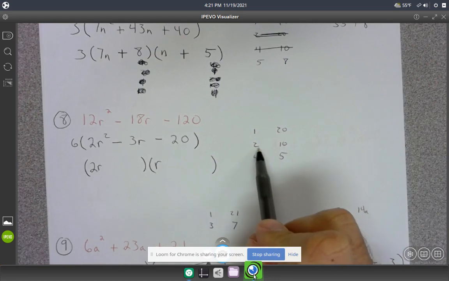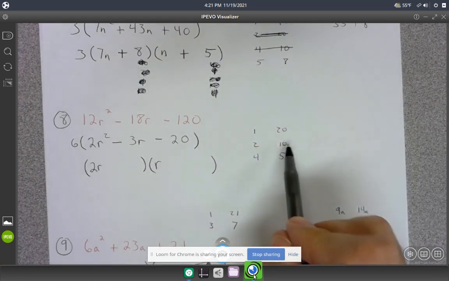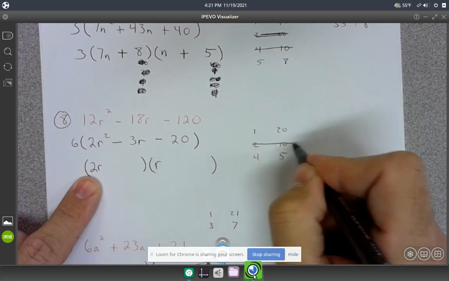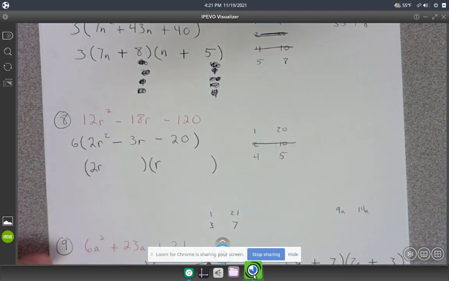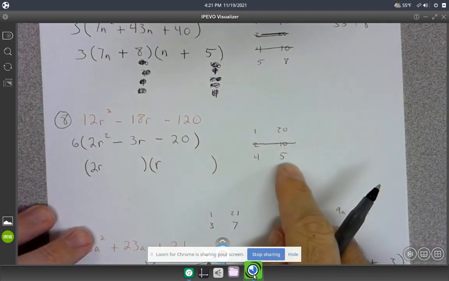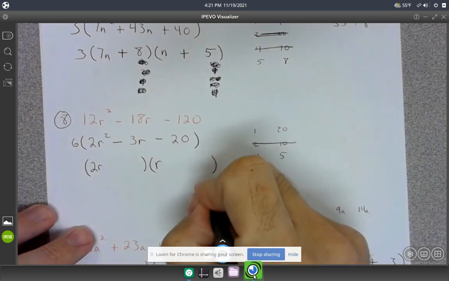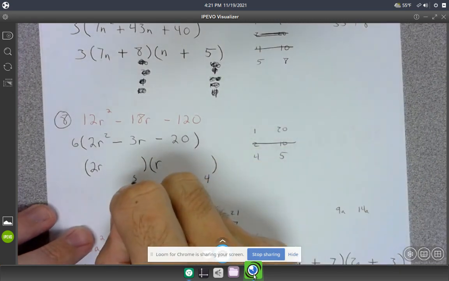Now, I know it's not going to be the 2 and the 10 because these are both even numbers. And I can't put an even number with my 2. All right. So I don't even have to check the 2 and the 10. Right. It's probably the 4 and the 5. Haven't tested this out yet. But the 4 cannot go with the 2. So I'll put the 4 over here and the 5 there.